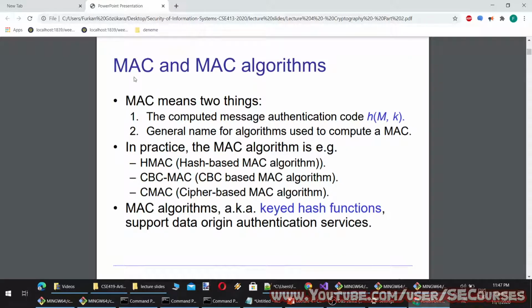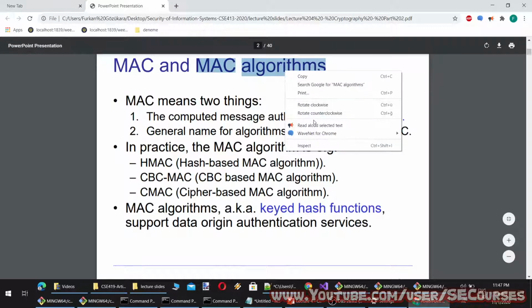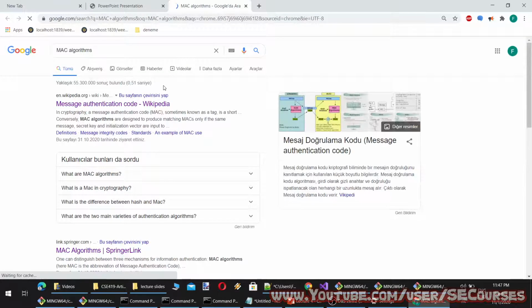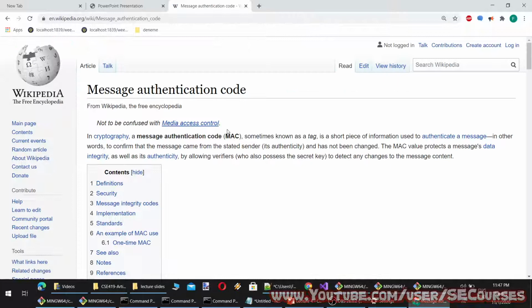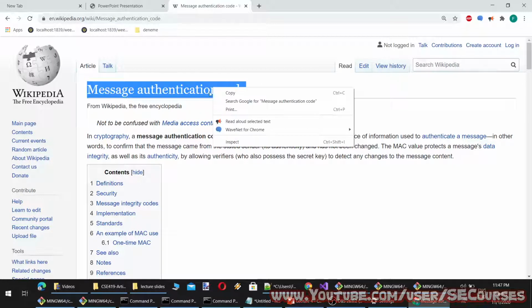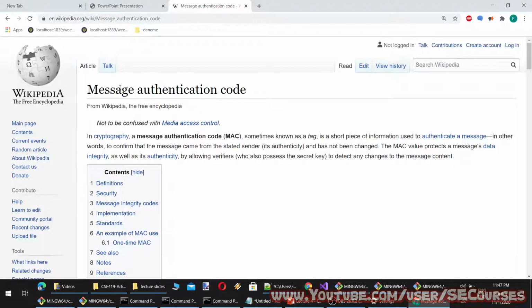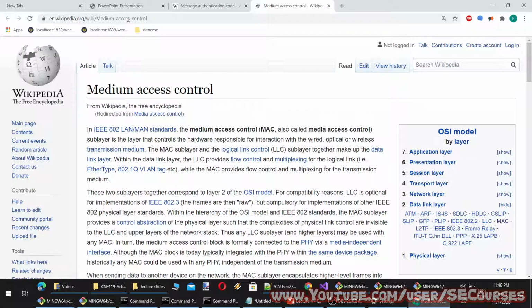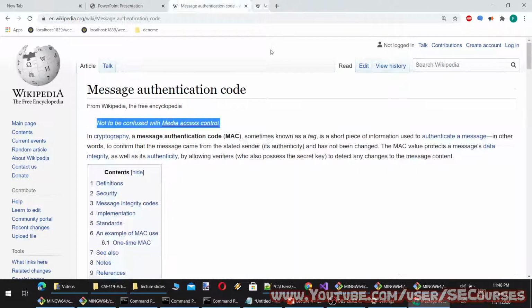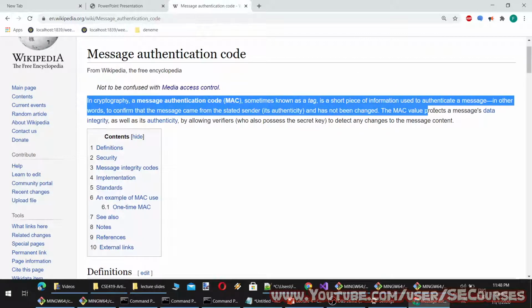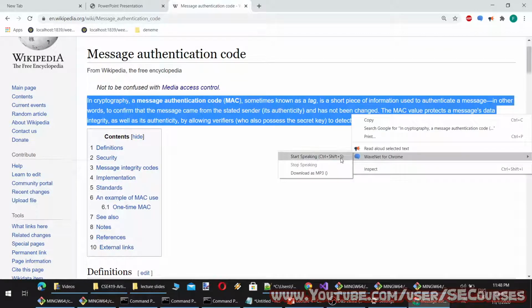And when we search for MAC algorithms, you see it is displayed on Google. So what is it? Let's get some idea from Wikipedia. As you can see, they have added a note not to be confused with media access control, which is the MAC address that we commonly know.